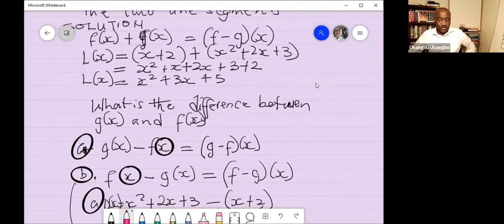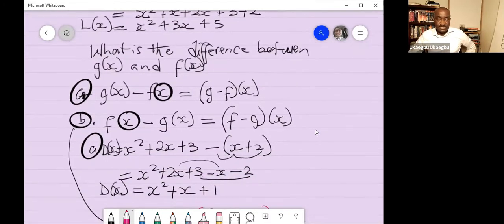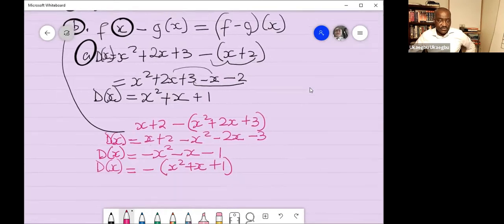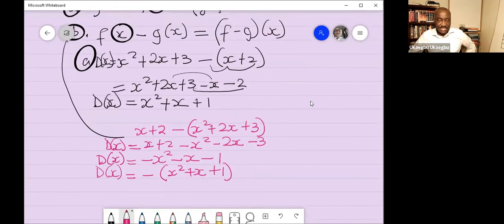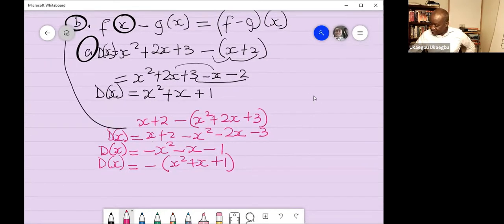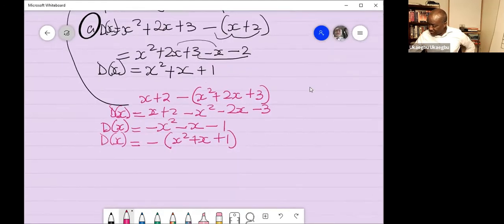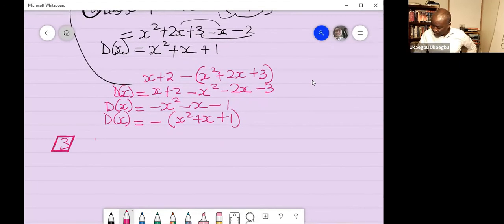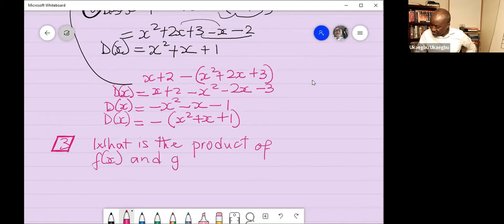So how about if the question says, what is the product of f of x and g of x? So question number 3 could be, what is the product of f of x and g of x?